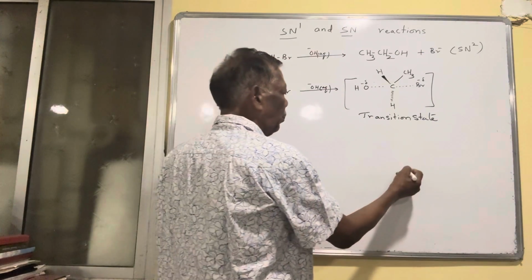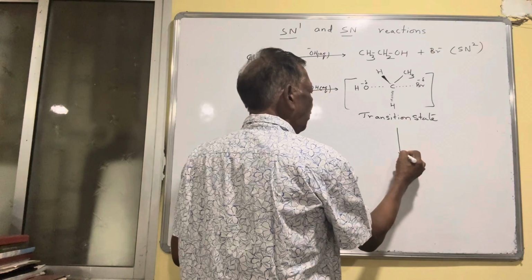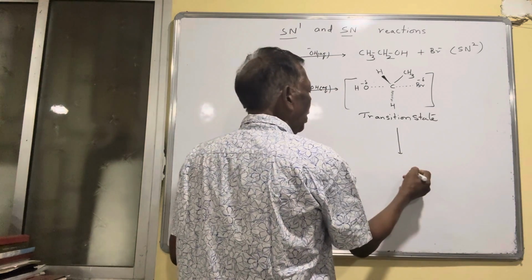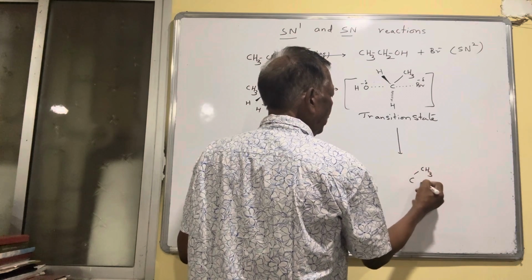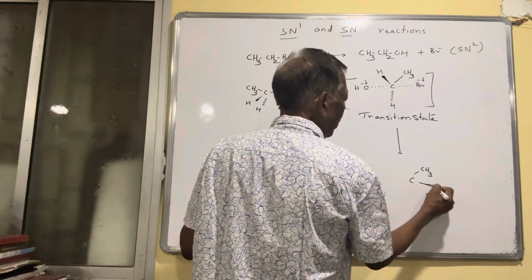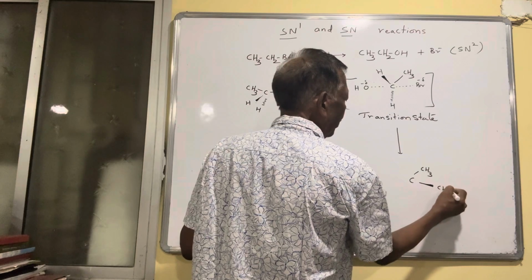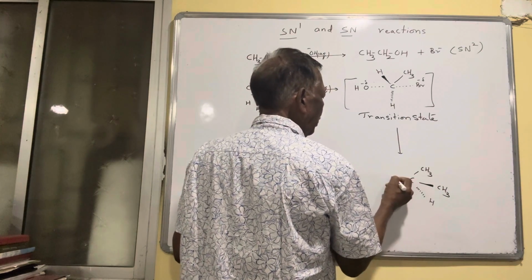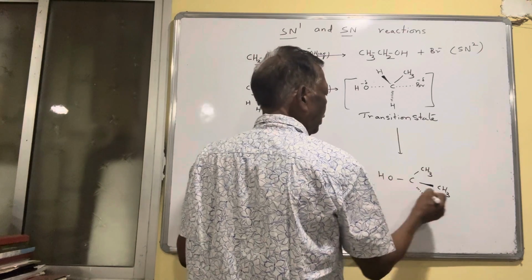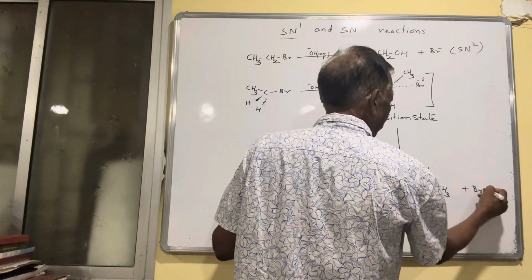So this will result in the formation of CH3 here with a thick line, and this is a dotted line here with H, and here the OH is getting attached this side with Br minus.